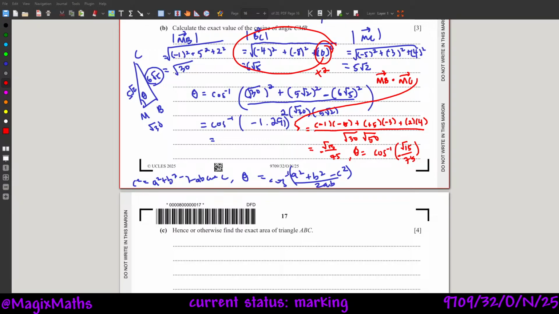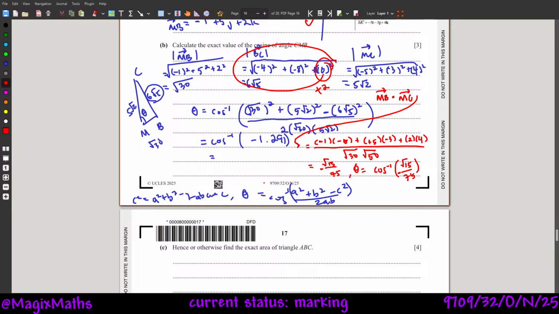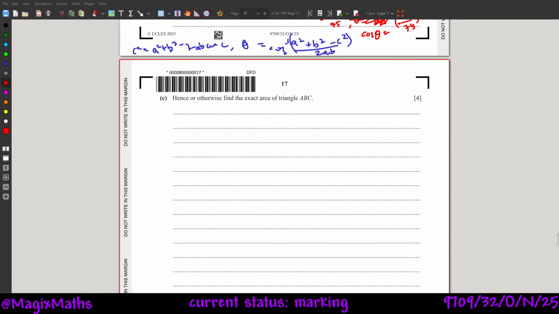Wait, yeah. Right, so first of all, we just find inverse of cos.